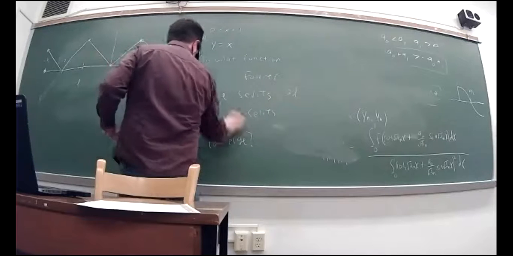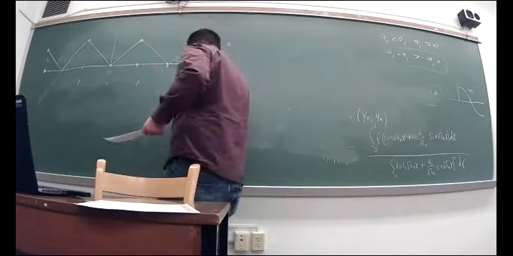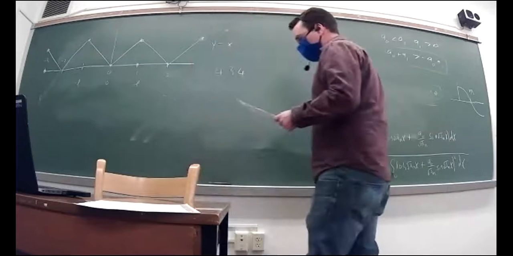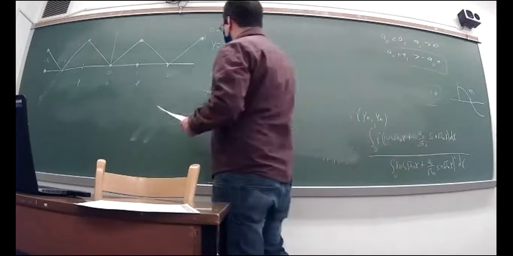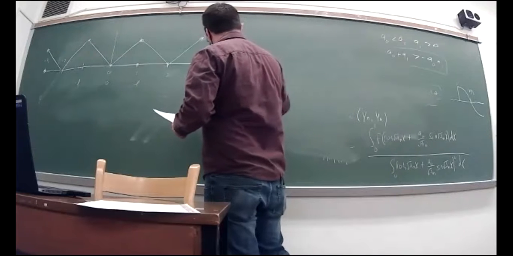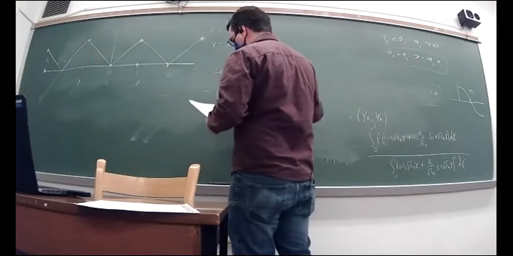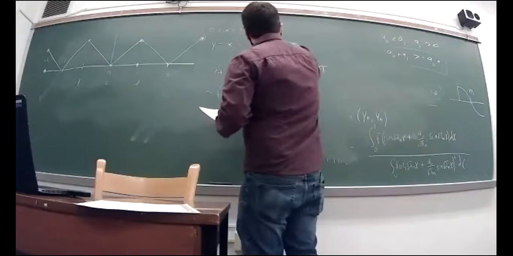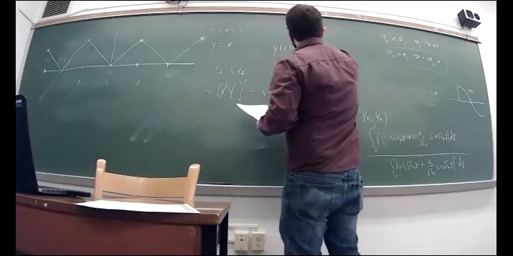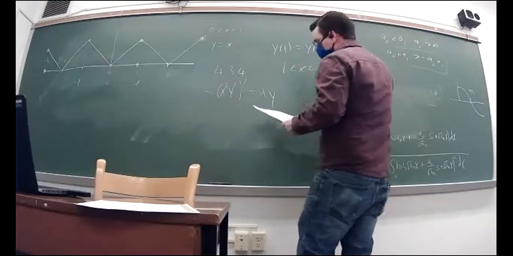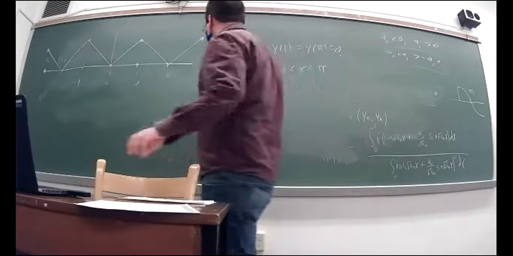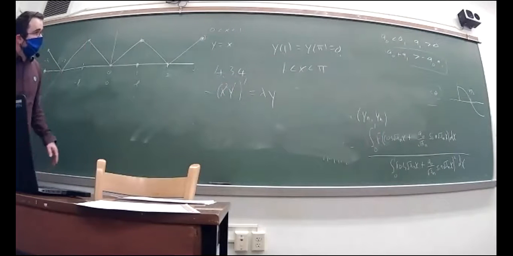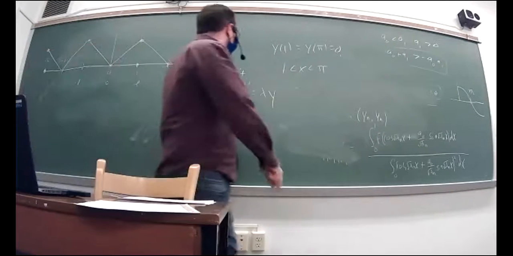Maybe I won't do this one since we're out of time, unless you want to see it in office hours, but you can also check 4.3.4. So take this Sturm-Liouville problem and use an energy argument to show that the eigenvalues have to be non-negative.